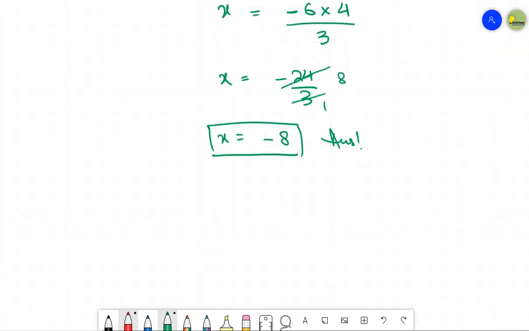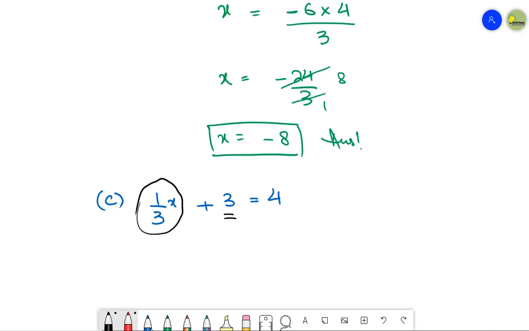x equals minus 8 is going to be the answer of this equation. Now moving towards part C. In part C, the equation is 1 upon 3x plus 3 equals 4. Keep in mind that in this particular equation, you have a constant, meaning a number that has no variable with it. So before dealing with the coefficient, the important thing is that you need to shift this constant to the other side of the equation.